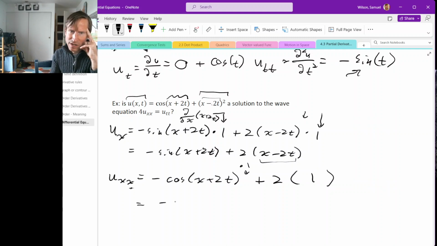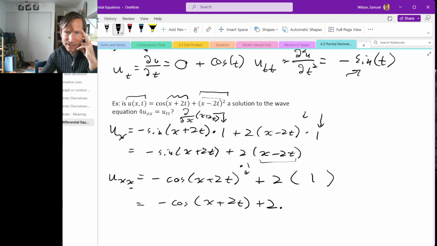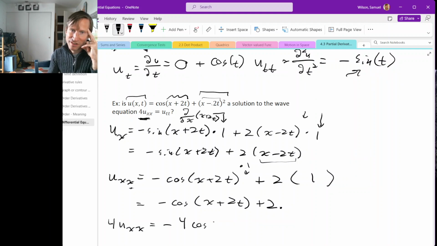So this is minus cosine of x plus 2t, plus 2. The left-hand side of this differential equation is 4 times that, so while we're at it, let's write down 4 times u sub xx. That's minus 4 cosine of x plus 2t, plus 8.